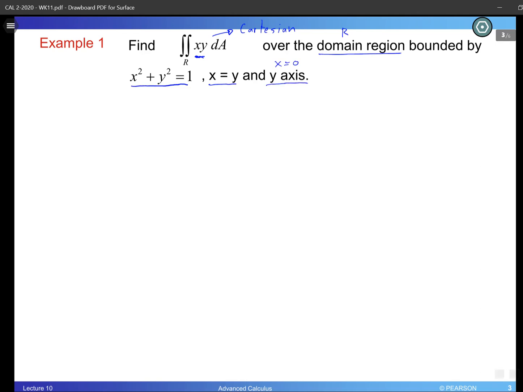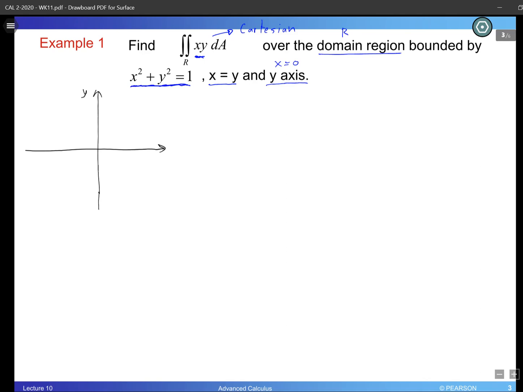I'm going to start by drawing this domain region on a graph. I want to take a look at the shape of this R. So let's do this right here on the left hand side. I'm going to put the y-axis right here, and the x-axis. Let me extend this a little bit further. Okay, I'm going to start with the first curve, x squared plus y squared equal to 1, a circle of radius 1.